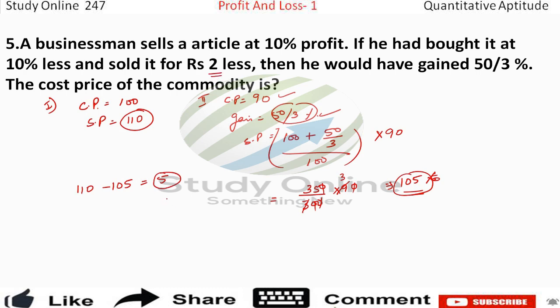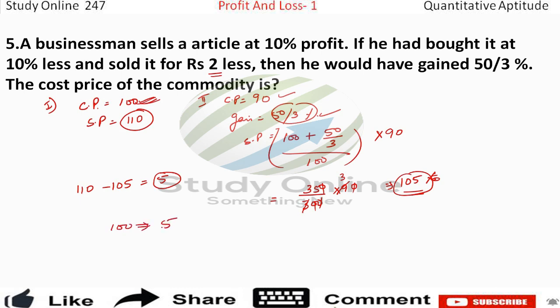That is, we have guessed the cost price as 100. So if the cost price is 100, the difference between the selling prices is 5.